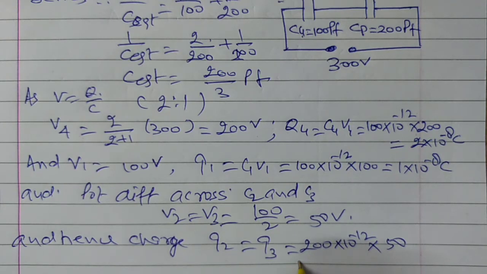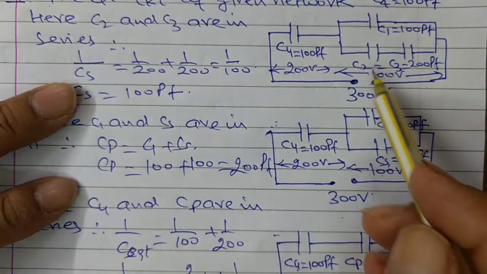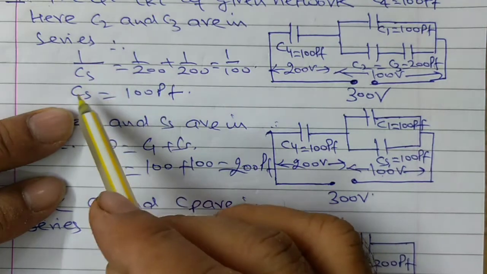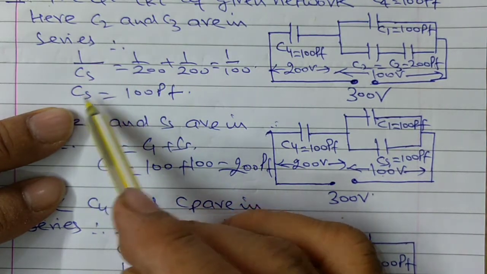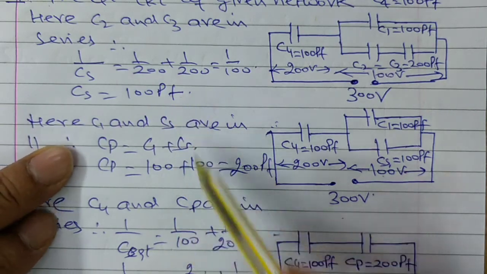Therefore, on solving, this is 1 into 10 to the power minus 8 coulomb. Here C2 and C3 are in series. Therefore, equivalent capacitance is 1 upon Cs is equal to this, and on solving Cs is equal to 100 picofarad.